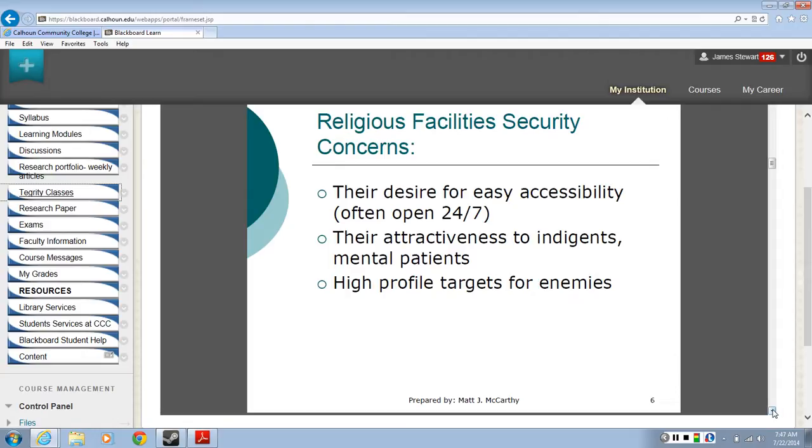Here in this country, we don't hear a lot about that, although in Knoxville, Tennessee, several years ago, during a Sunday church service, a gunman came in and opened fire.